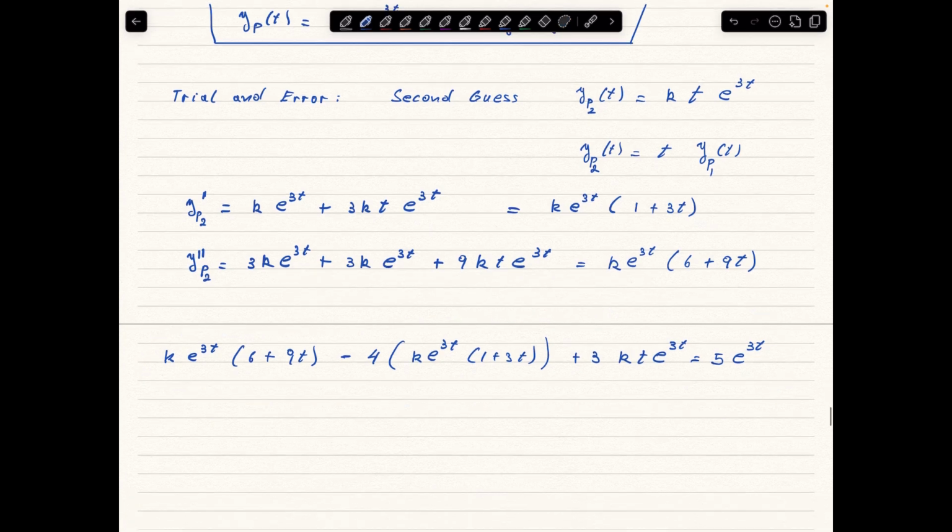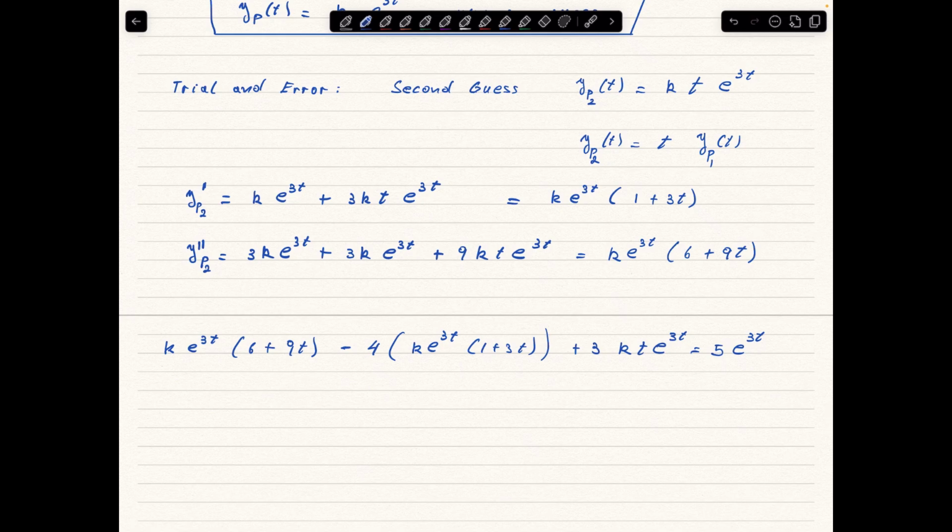And now we can pull common factor k exponential 3t, common factor on the left. And now we have 6 minus 9t. Then recall this factor is going to multiply here and is going to multiply there. So we are going to have minus 4 minus 12t.